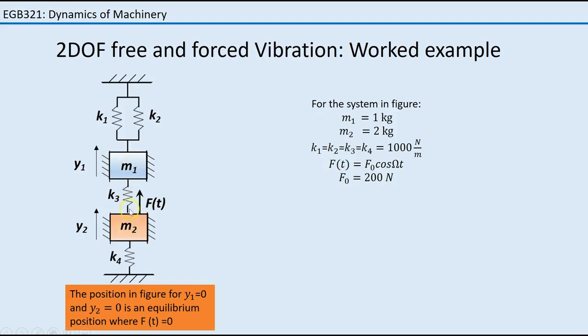M1 and M2 have a connection to a spring K3. A force is applied to mass 2 and K4 is connected to the ground. It says the position in the figure is an equilibrium position where F(t) equals 0, which is the force, and for this system the values are given for calculation.